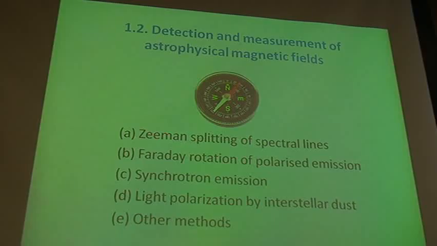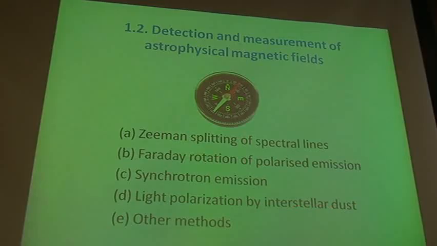Such magnetic fields in the galactic context only occur in very dense clouds, not in diffuse gas. There, other methods are required. The most important of them are the Faraday rotation of polarized emission and synchrotron emission. I will discuss it in more or less fine detail in what follows. And then there is also an additional method which is based on light polarization by interstellar dust.